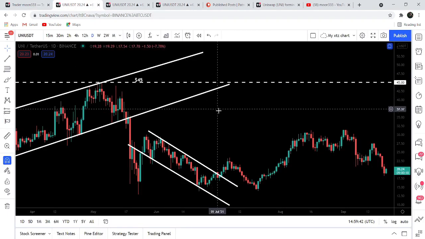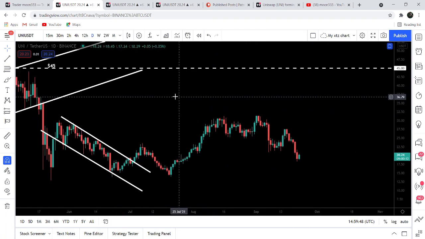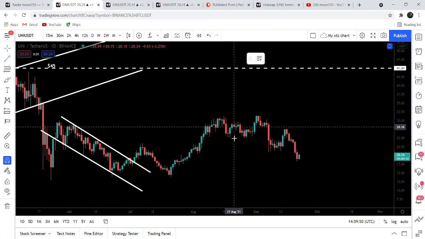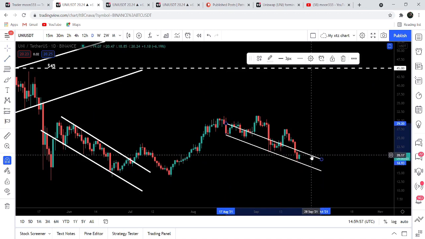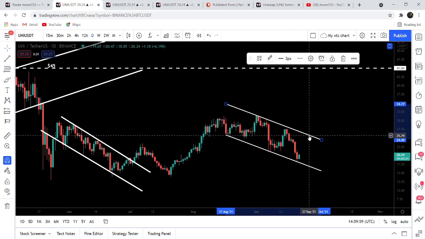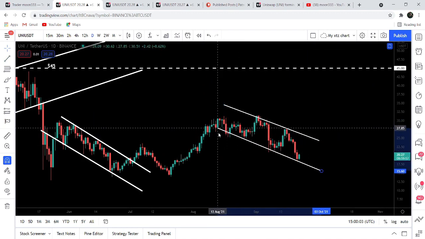Now if we switch to the live daily time frame chart, then here we can see after this move, if I plot some trend lines, then right now again the price action is likely to form a down channel, another down channel. We have a support confirmed, like we have several tests at the support.